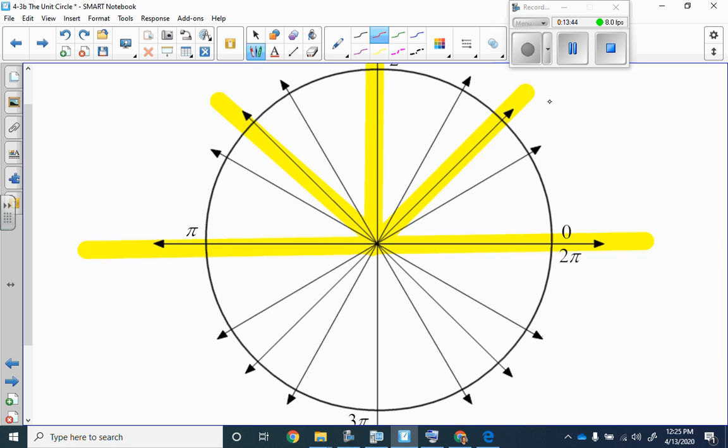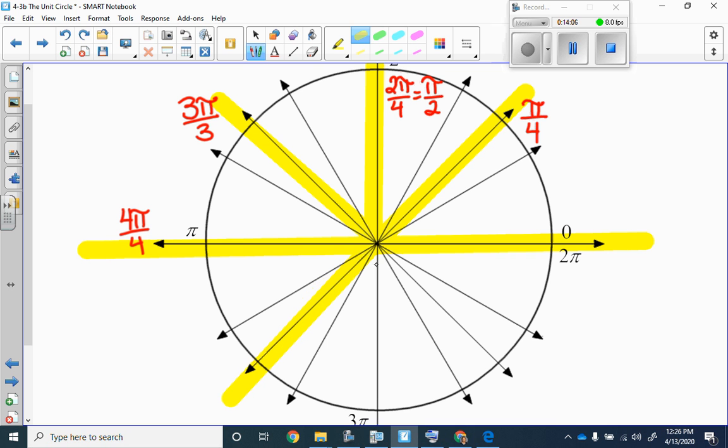If I go 45 degrees, that is 1/4 of pi. If I go 2/4, well, 2 pi over 4 is equivalent to pi over 2. Then 3 pi over 4, and then I get to 4 pi over 4, which is 1 pi.